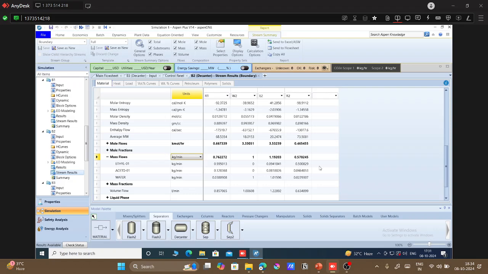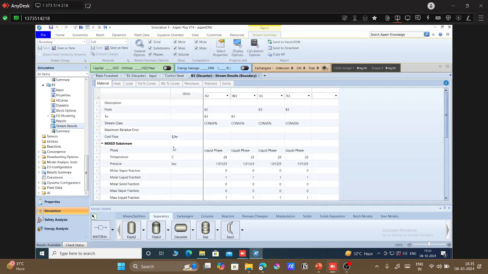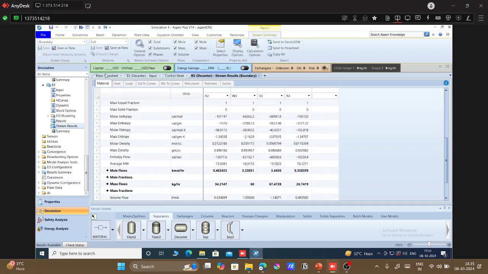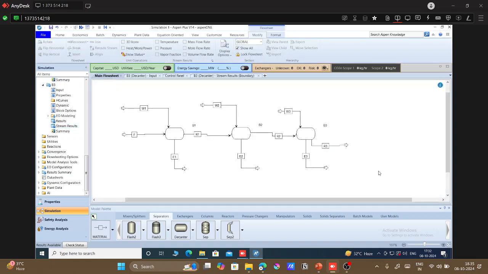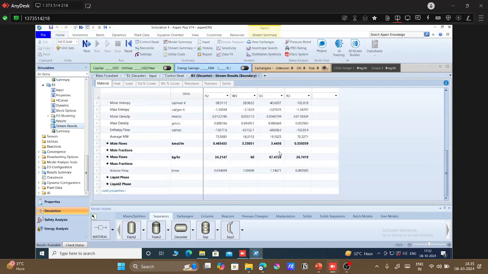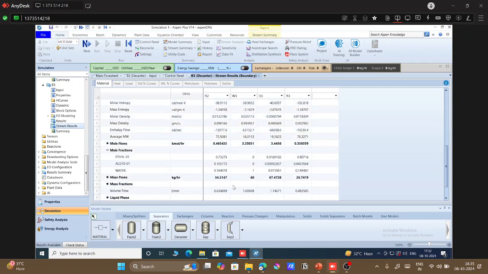So ethyl acetate is being separated in the raffinate part, while in the extract part water and acetone are going. And the last output of decanter 3, R3, is our main product, and combined E1, E2, E3 are the extracts. We want to separate ethyl acetate.